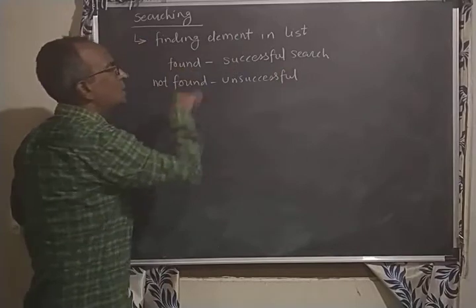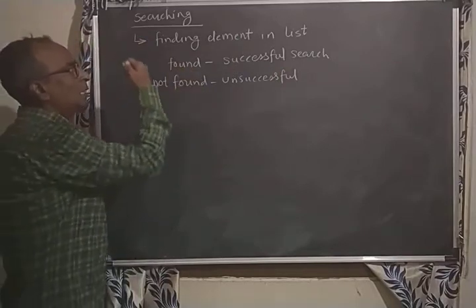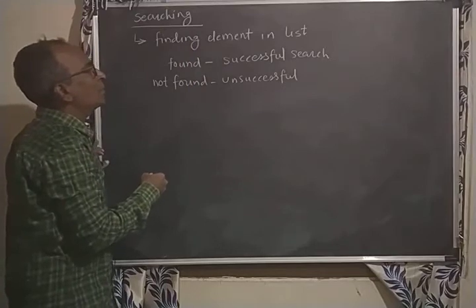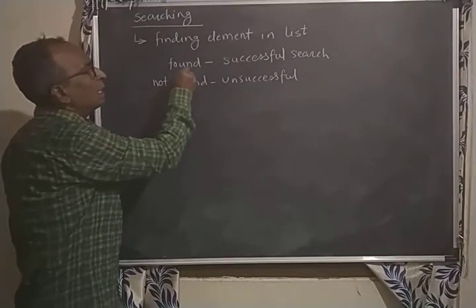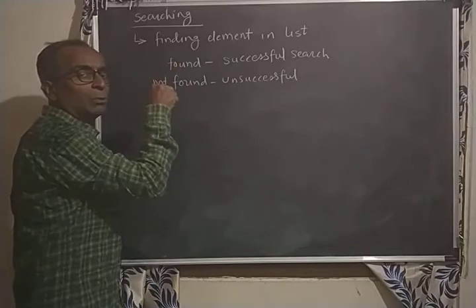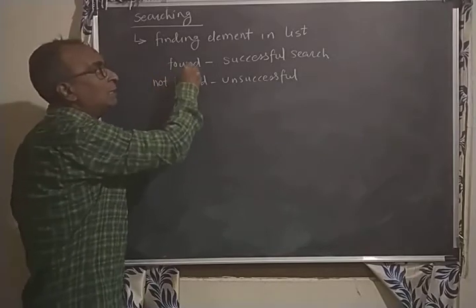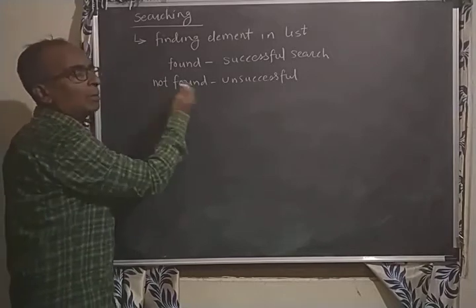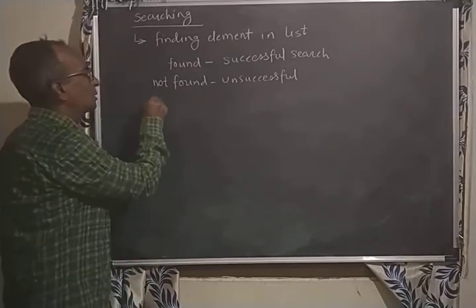So the list is given, and the element to be found in the list is given. If the element to be searched is there in the list, we say successful search. Otherwise, if it is not found, then we say unsuccessful search.